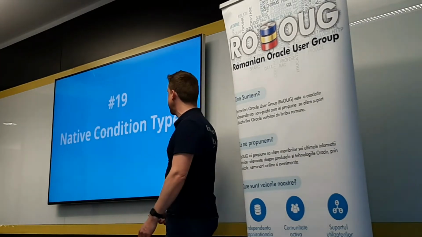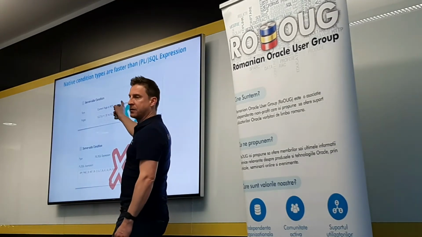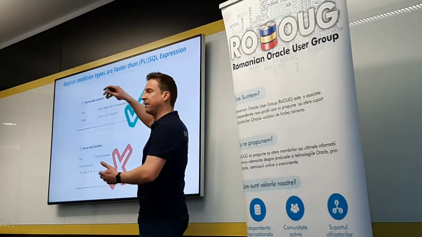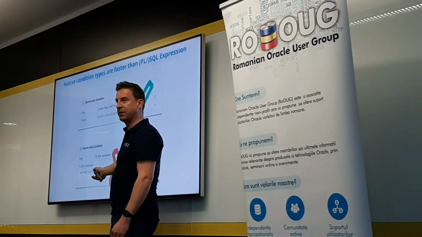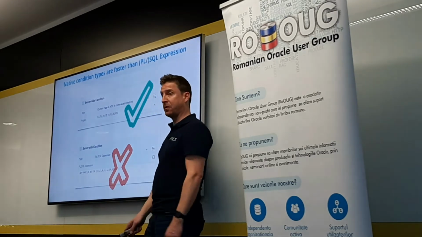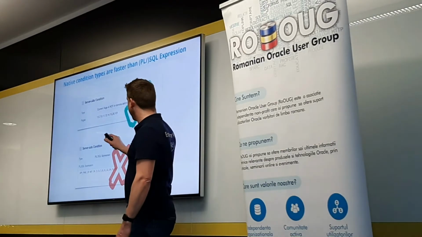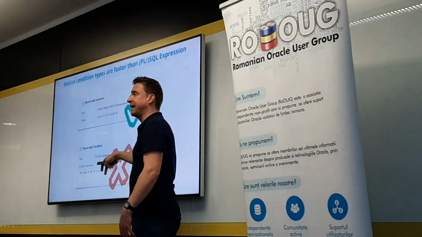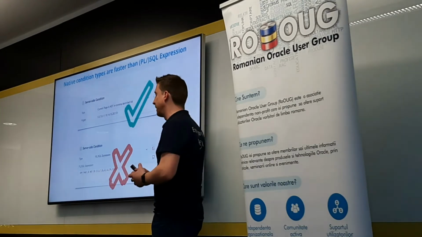Native condition types: you probably know that if you have any server-side condition, you can pick from a very long list, or you just enter PL/SQL code. It works the same, but it actually has a performance dependency. PL/SQL code is always executed dynamically, DBMS_SQL parse, bind, execute, whatever.